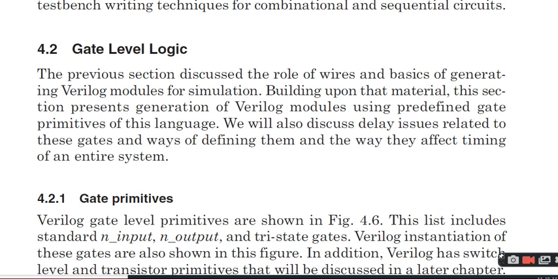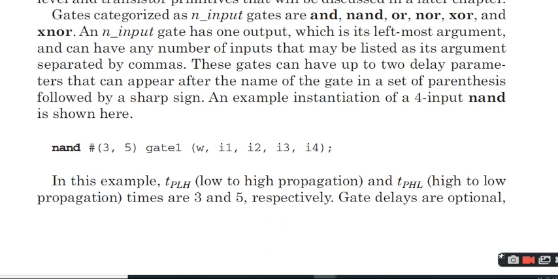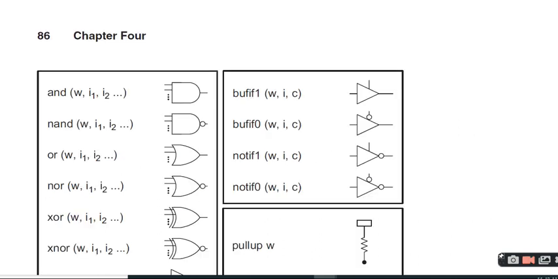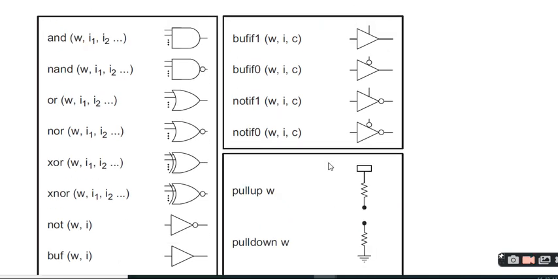So what are the different gates available as primitives? This is a built-in AND primitive, and this is the output; inputs are I1 and I2.